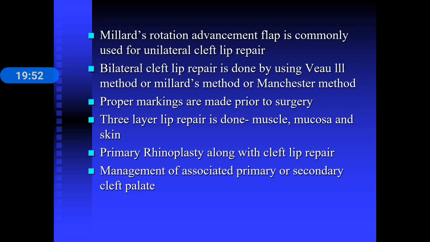The markings are usually done prior to surgery, and in the case of cleft lip, a 3-layer repair is usually done where the muscles are repaired, the mucosa is repaired, and the skin is repaired. Along with the cleft lip repair, a primary rhinoplasty is also done to manage the nasal deformity. If there is an associated primary or secondary cleft palate disorder, that also should be managed.